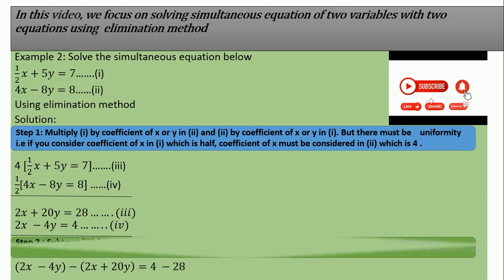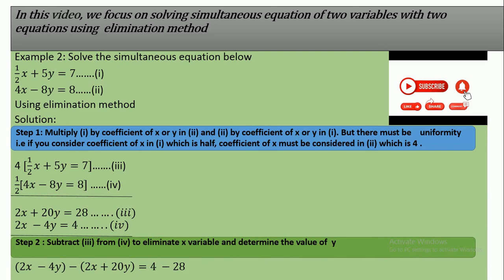The second step, which is the most important and sensitive step in using elimination method, is subtraction of equations to eliminate a variable. So subtract equation 3 from 4. You can also subtract equation 4 from 3, in either way to eliminate.